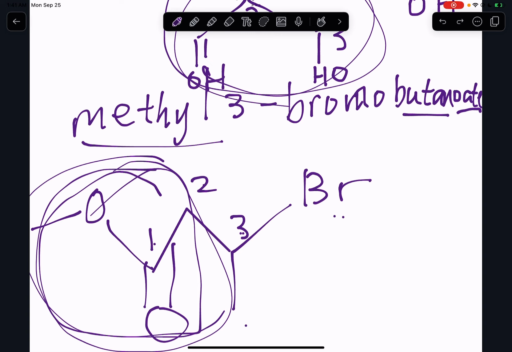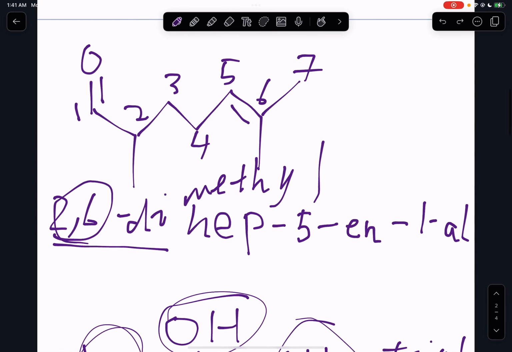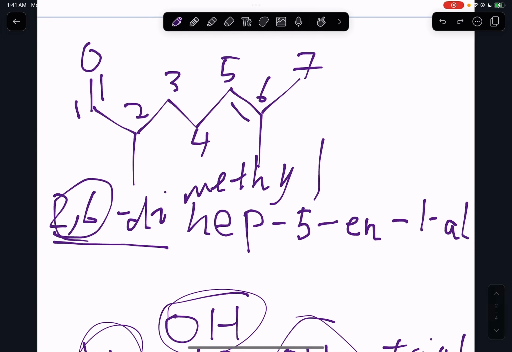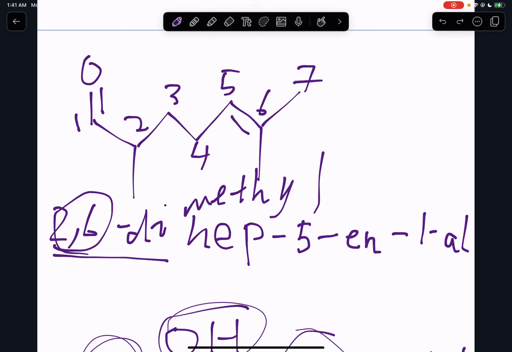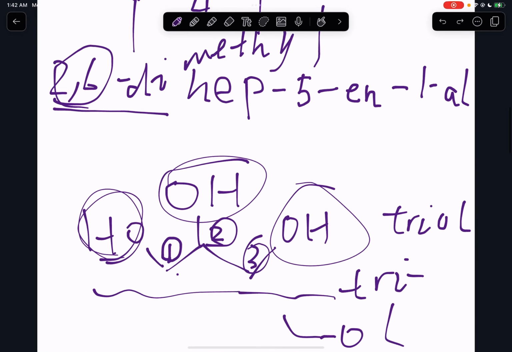The thing is now separated, but just keep in mind that it's an OATE. And this part right here, we had the final answer 2,6 dash dimethyl hept dash 5 dash en dash 1 dash al. Final answer for the third one.